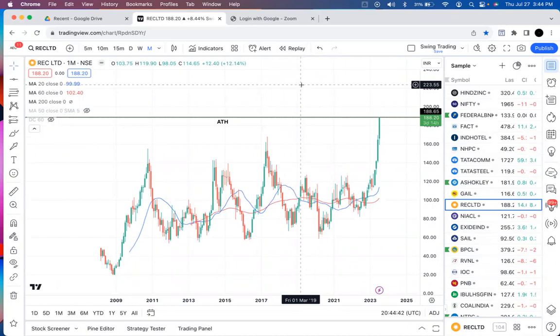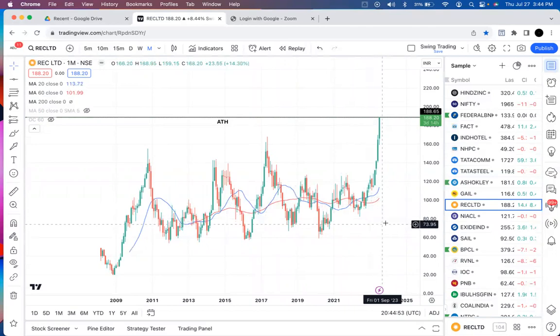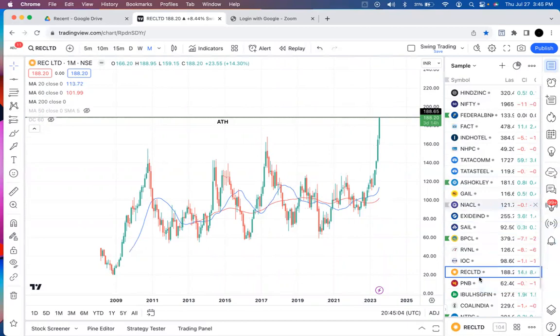But here it is, that's the all-time high for REC Limited. It doesn't have a 200 period moving average, but it has the 20 and the 60. It's just been looking sideways, not really good, but let me see if it breaks out of that level.